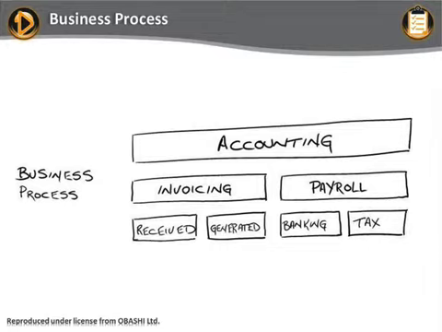Accounting is the higher-level process. The element is stretched and resized to show that it has a relationship with the other elements. In this way, OBASHI shows the business process and the activities that fulfill it. Processes can be modeled to sub-process level and all the way down to individual tasks.